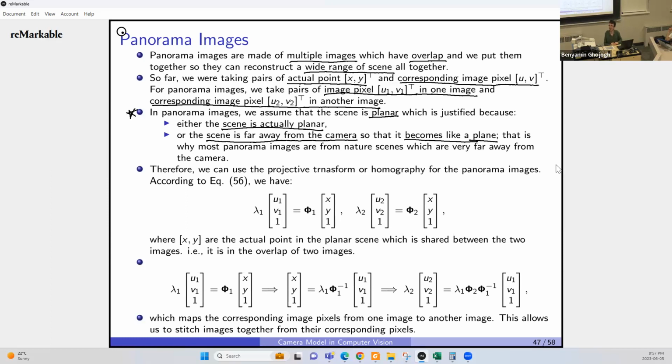Now you see why many of the panorama images are from nature. Because nature is very far away. When you take a picture, mountains are kilometers away, right? They behave like a plane. That is why most panorama images are from nature scenes, which are very far away from the camera.